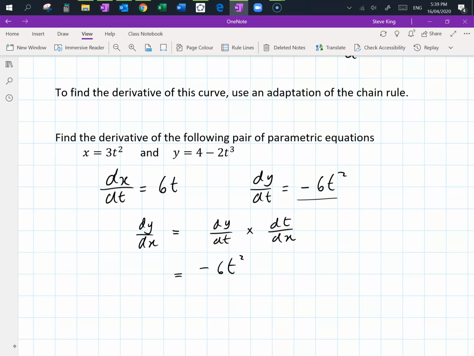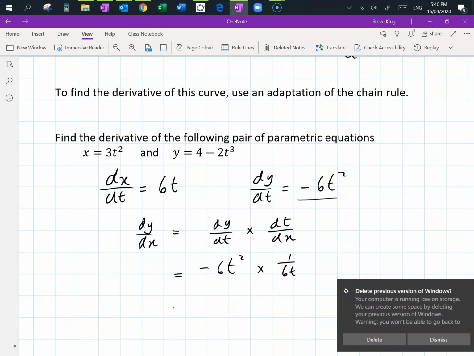But dt/dx I don't have. I have dx/dt. So if I want to have dt/dx, I need to invert this fraction over here. So I'm going to invert my 6t to 1 over 6t. And now I can multiply those two together.